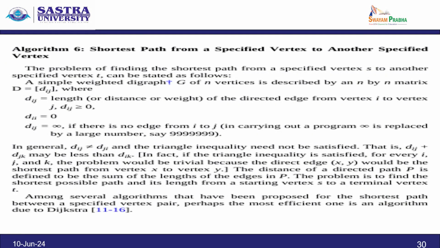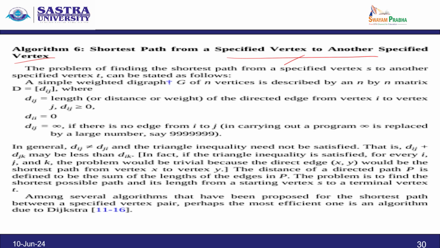Next, the algorithm: shortest path from a specified vertex to another specified vertex. The problem of finding the shortest path from a specific vertex s to another specific vertex t can be stated as follows.